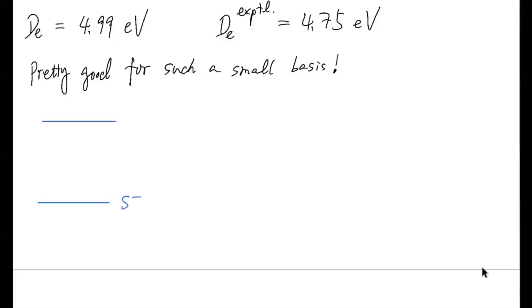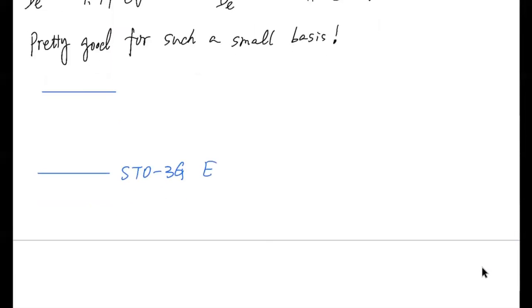So the STO3G energy of the hydrogen molecule, by using the restricted Hartree-Fock theory at the equilibrium distance, is equal to negative 1.1167 atomic unit. Basically this is the number you will get if you plug in all the values of the integrals.